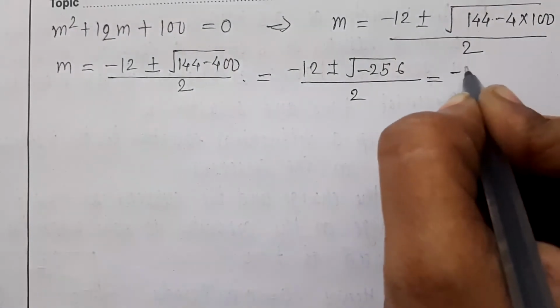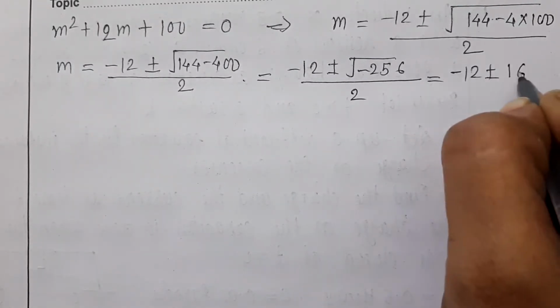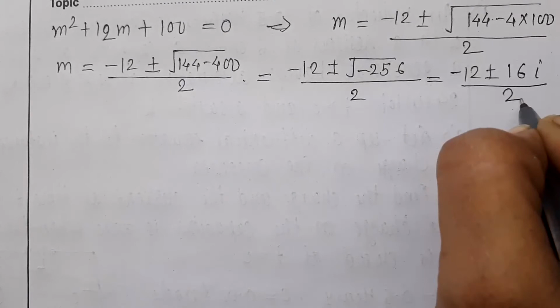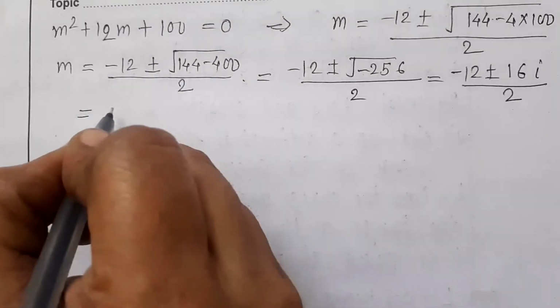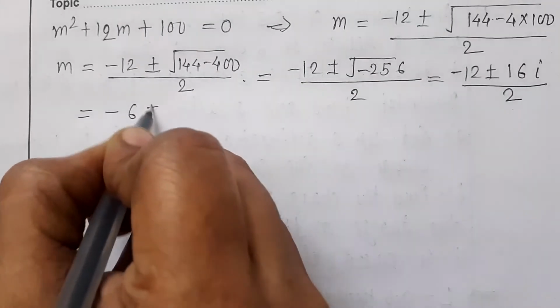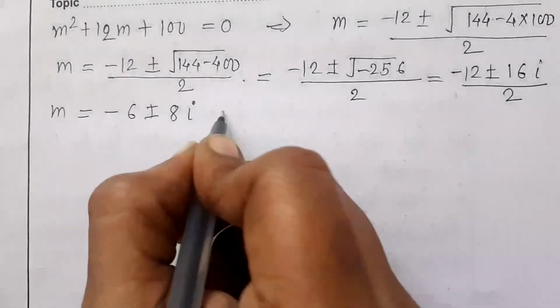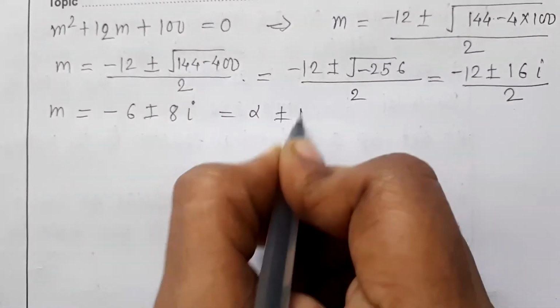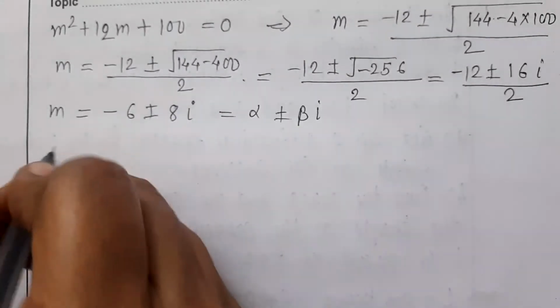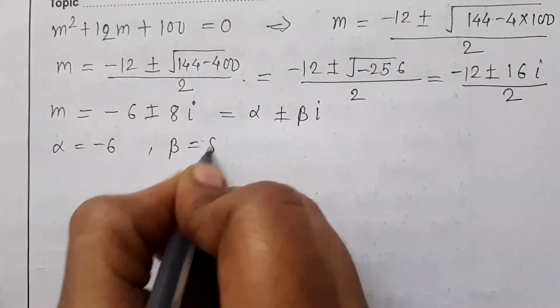That is minus 12 plus minus square root of minus 256, divided by 2, so minus 12 plus minus 16i divided by 2. So the m value is minus 6 plus minus 8i. So m is equal to alpha plus minus beta i, where alpha is minus 6 and beta is 8.